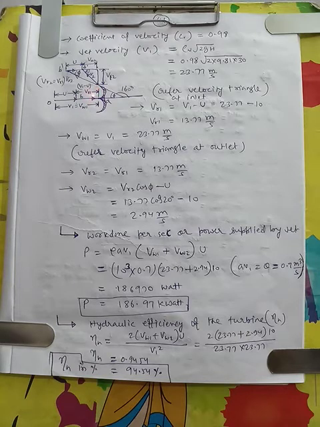With the same relative velocity, jet will glide on the bucket, and with the same relative velocity, jet will come out with the tip angle at outlet, that is phi. So this is VR2. VR2 will be equal to VR1 as we know, and this is U, so this will be V2 jet velocity at outlet.